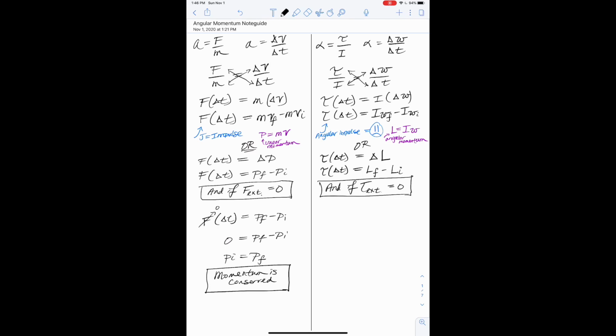That doesn't change momentum. And internal torques don't change angular momentum, is what we're trying to say. So if there's no external torques, I'll rewrite this one more time. We can go ahead and set external torques to 0. So we get a 0 over here, because 0 times delta t is 0. We can see that angular momentum is conserved.